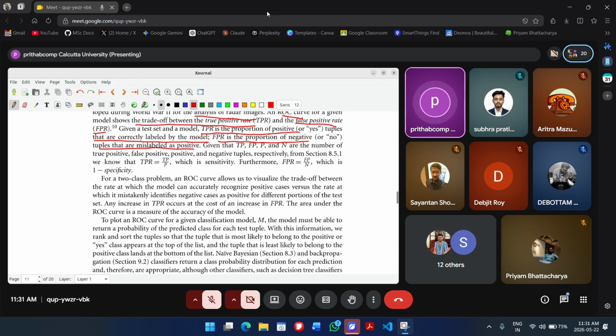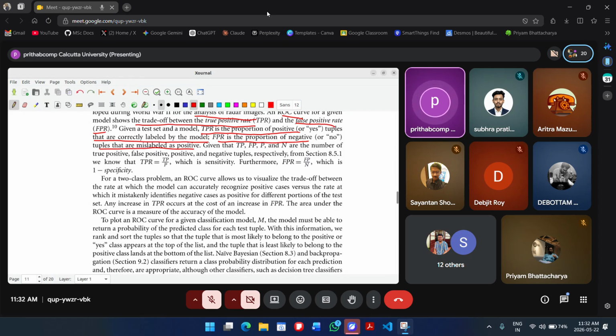In certain applications, it becomes very critical whether there is cancer or no cancer. It's very bad if there is cancer and you say there is no cancer, right? That's why FPR is the proportion of negative tuples that are mislabeled as positive.